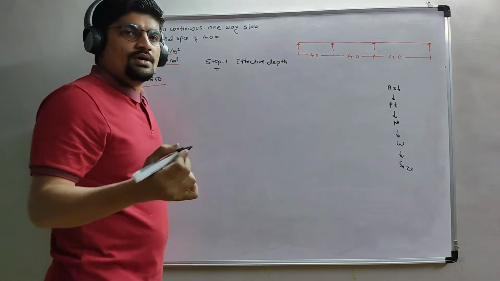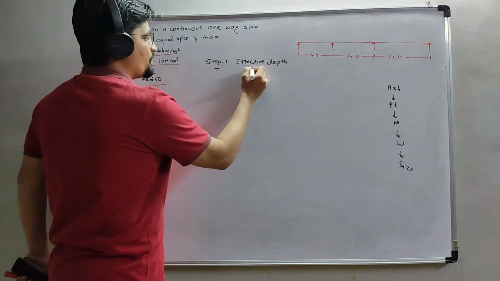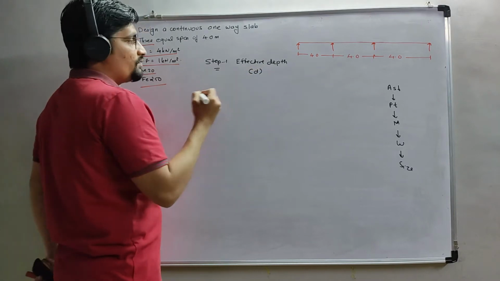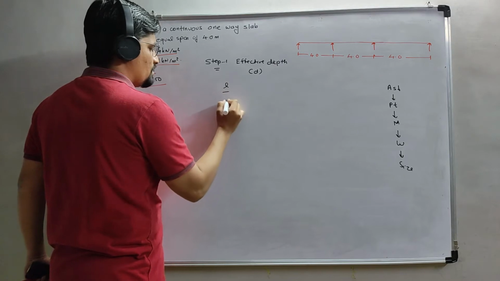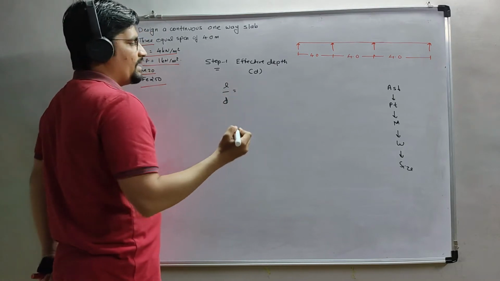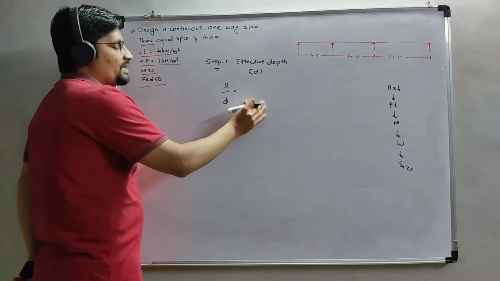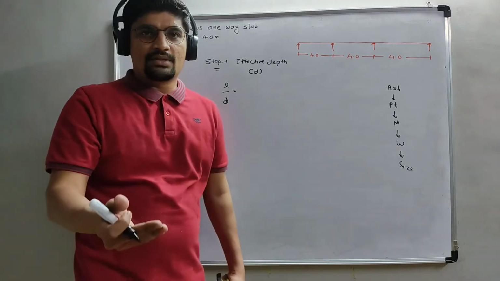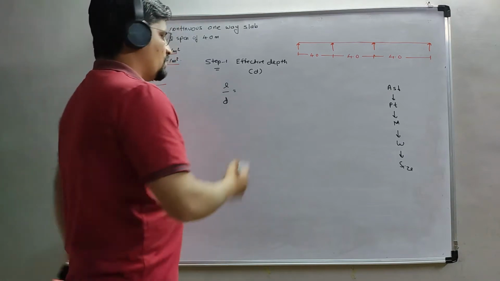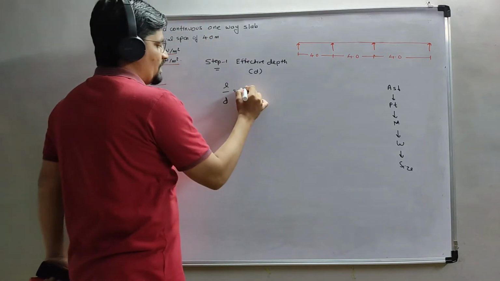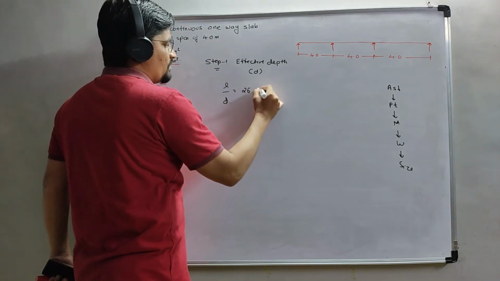Effective depth means small d. For that we take the span by depth ratio, L by d. Here I have explained that it is 7 for a cantilever slab, 20 for a simply supported slab, and 26 for a continuous slab. So here it is all continuous slab, so the value will be 26 into MF.